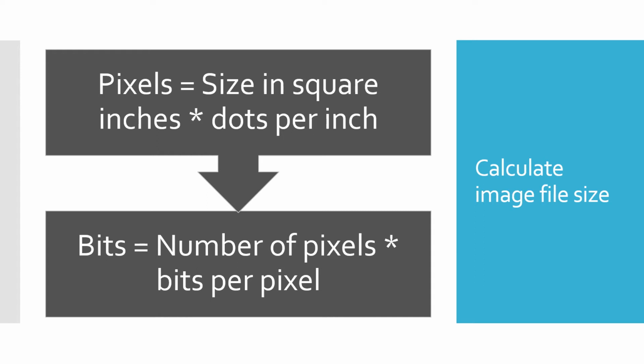And the number of bits, the size of the image file, depends on the number of pixels multiplied by the number of bits that are used to store each pixel. So you can see that there are a number of variables there that determine how big the file size is going to be.